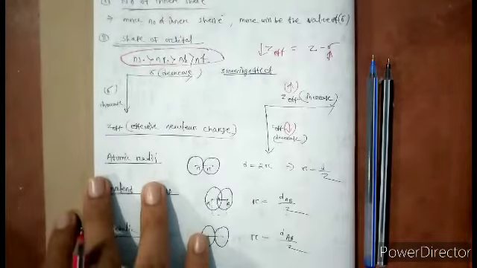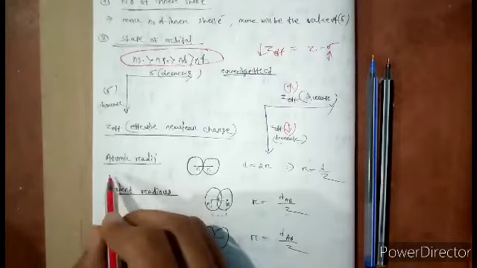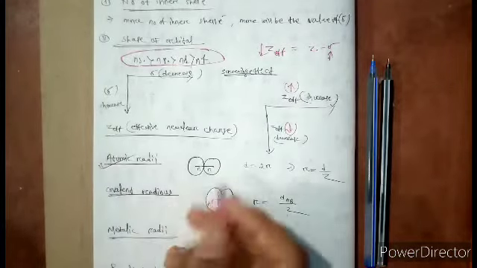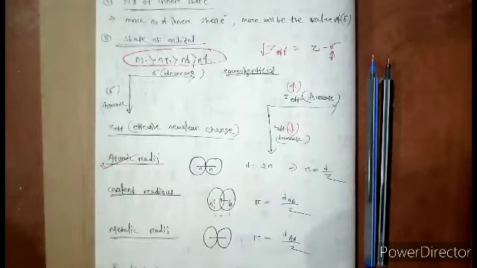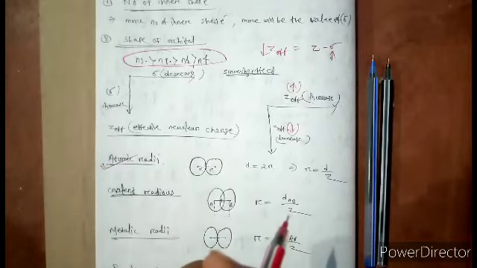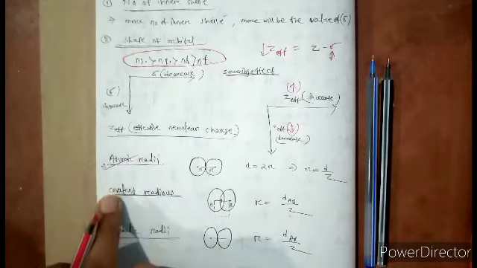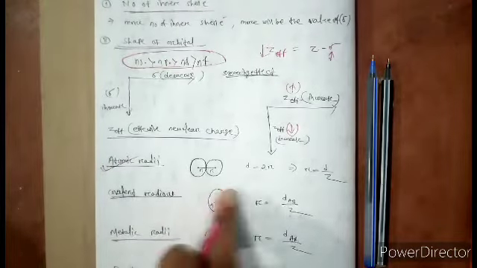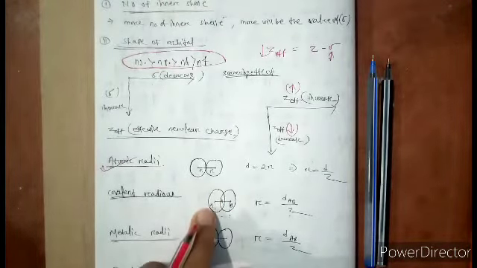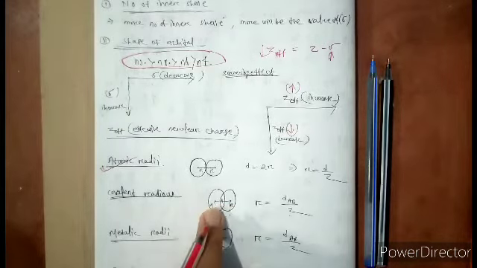Then come to the atomic radius. First, if two atoms are there and we draw a line joining the centers of the two atoms, it is called the radius. Then come to covalent radius. If two atoms mutually share electrons, then the covalent radius is as shown in the figure.